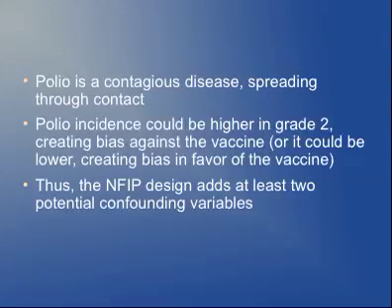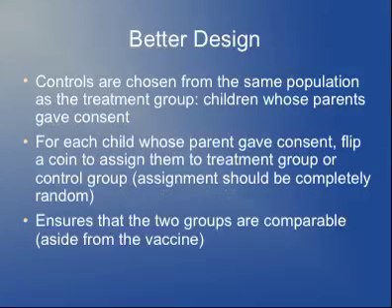So, I mean, it isn't horribly, catastrophically wrong. The design's not going to give you completely invalid results, but there is some potential bias here, as we'll see in a couple slides. A better design is a completely randomized design where the controls are chosen from the exact same population as the treatment group, namely those whose parents gave consent.